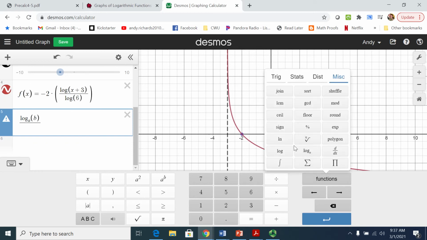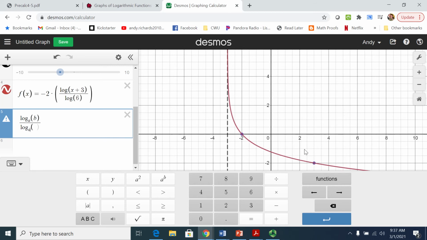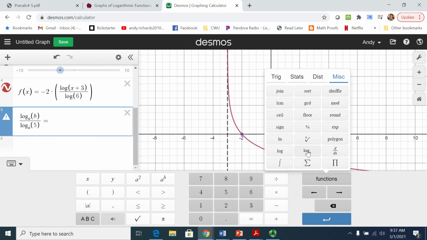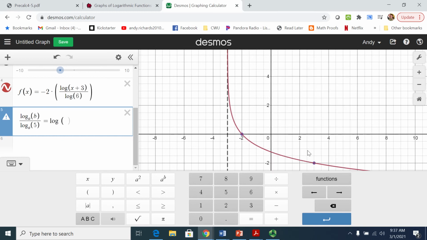So if we have, say, log base a of some number, let's say it's just 5 like this, then what that means is you can rewrite this in terms of log base b of 5 over b like that.